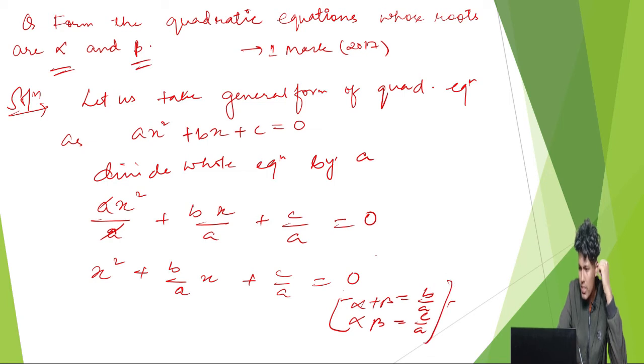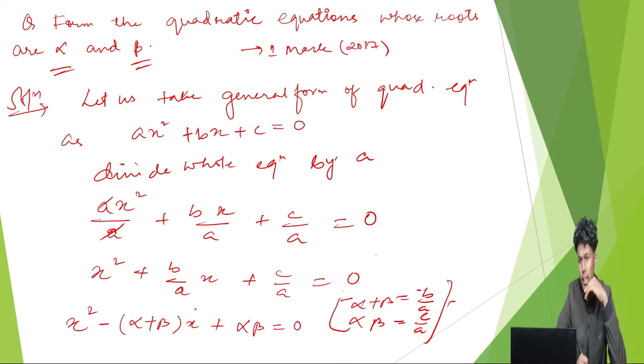So replace b by a and c by a in this equation. So x square minus alpha plus beta x plus alpha into beta equal to 0. Hence we have written the equation where alpha and beta are the roots of the quadratic equation.